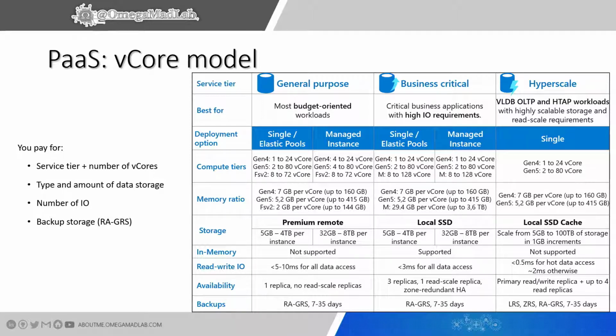You should use the general purpose tier when you deal with a budget-oriented workload that has no specific requirements in terms of performance, and the general purpose tier is based upon remote storage and can perform as well as a normal Azure SQL Virtual Machine with premium SSD attached to it.